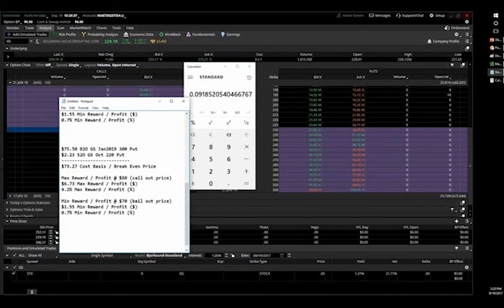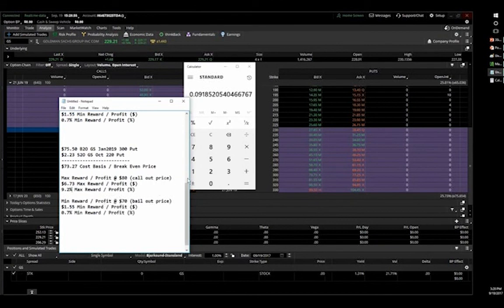But even better, I've got a cheaper trade. I don't have to come up with $29,000, $22,000. I'm coming up with only an investment of $7,327. We've got a little bit nicer max reward.